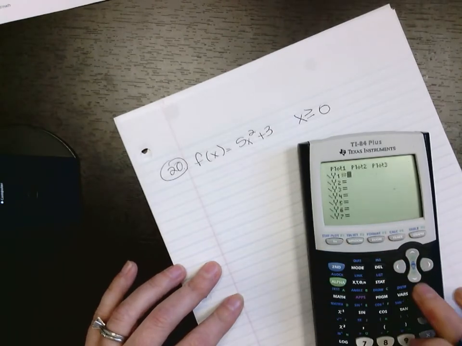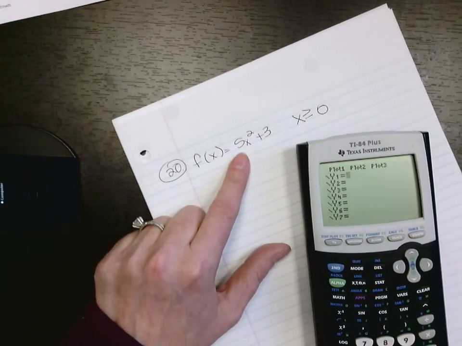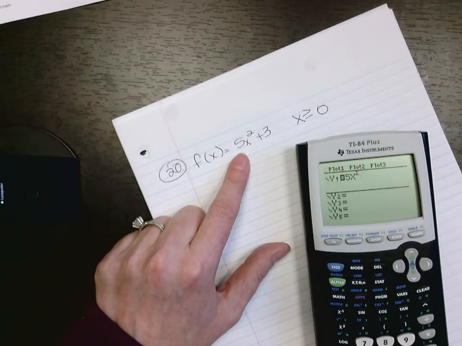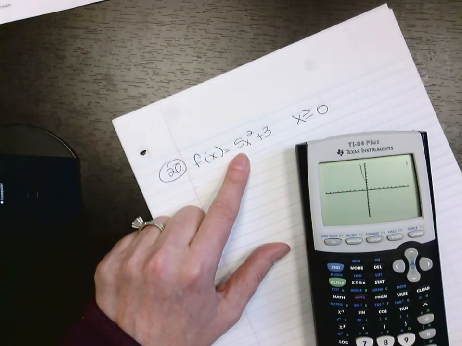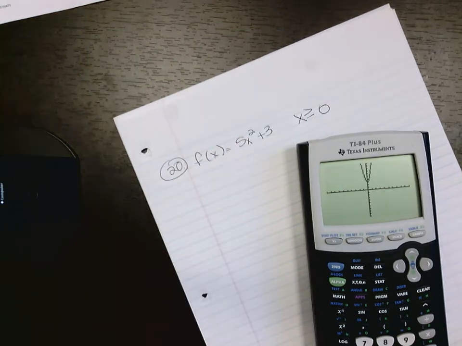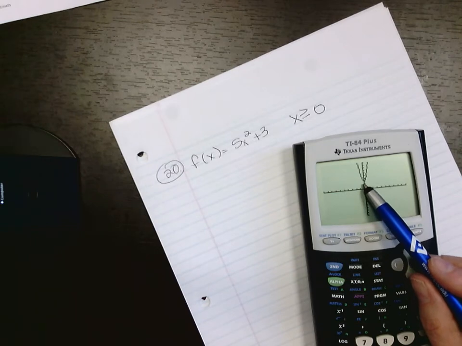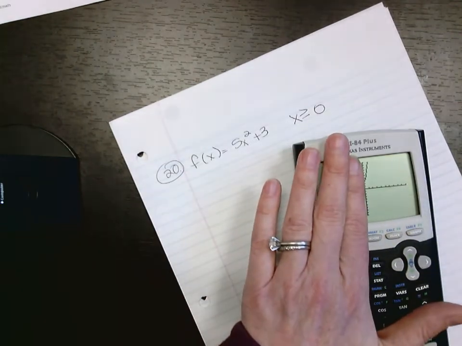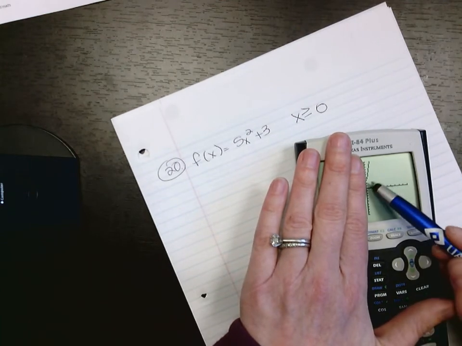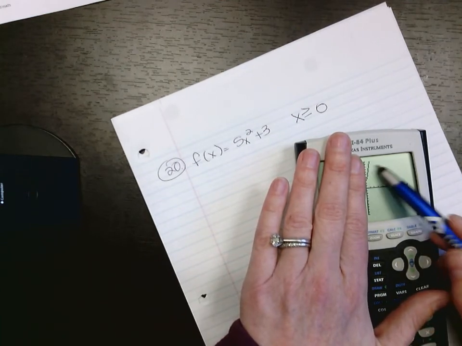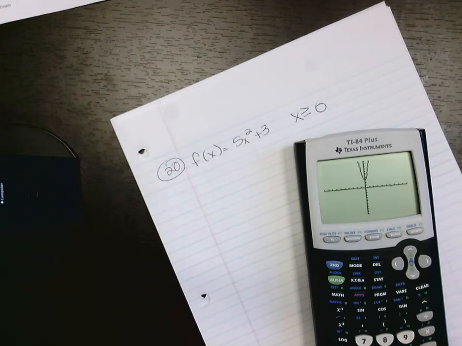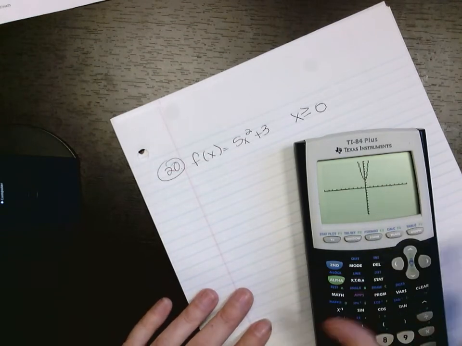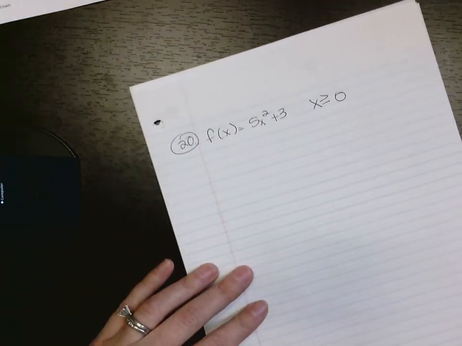So when I put this in to check if it's one-to-one, 5x squared plus 3, and graph it, it's going to make a parabola since it's that x squared shape, but it only wants me to use this part of the graph where the x's are positive. So this half of the graph, not looking at that half. That's what makes it pass the horizontal line test, because I'm only looking at the right half of the graph. So I do need to find the inverse.